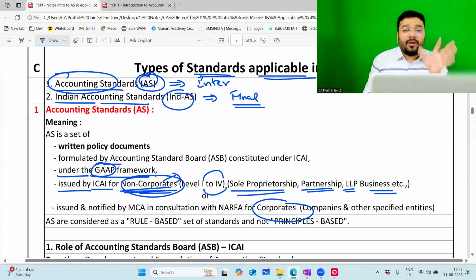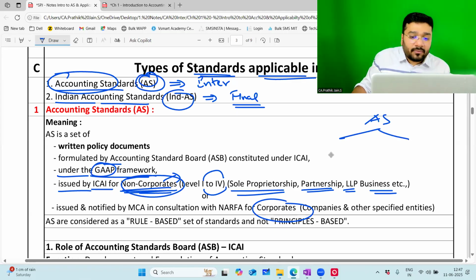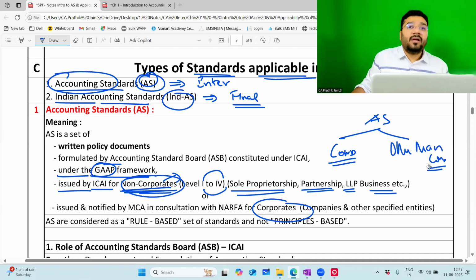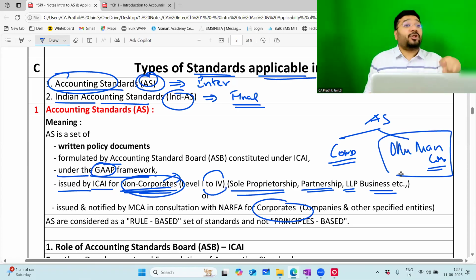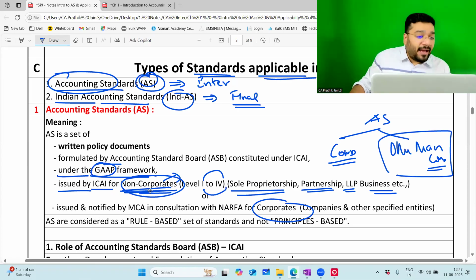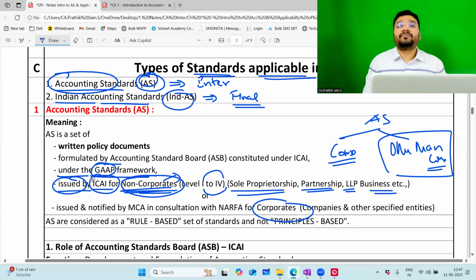In short, today alone you remember that accounting standards apply on two kinds of people. One is corporates. Corporate means I'm talking about companies and other than companies. Accounting standard is applicable on companies and other than companies. The accounting standard that other than companies should follow is issued by ICAI.